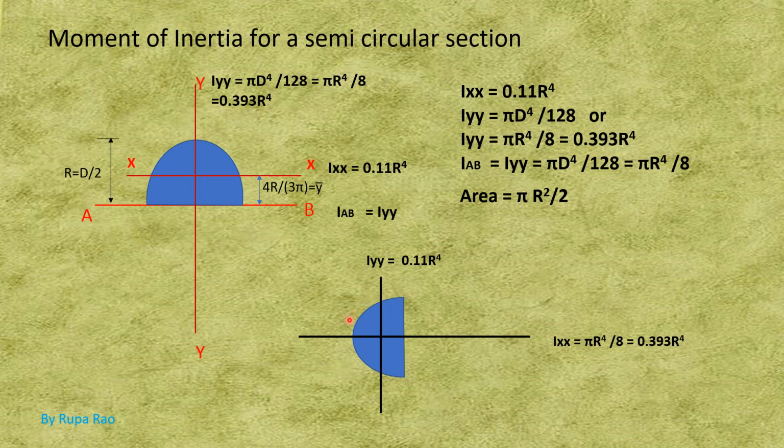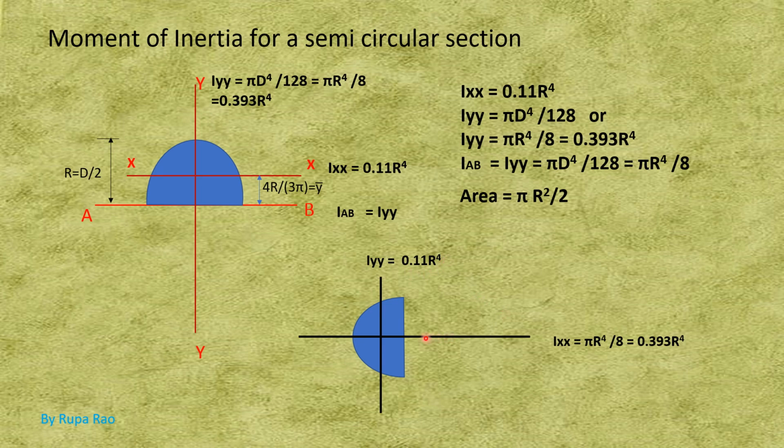So in this figure, this is the diameter, and for the axis which is parallel to the diameter, it is 0.11 r raised to 4. Then it may be x or it may be y. It may be horizontal or it may be vertical. If it is parallel to this diameter, then for this centroidal axis, the moment of inertia is 0.11 r raised to 4.